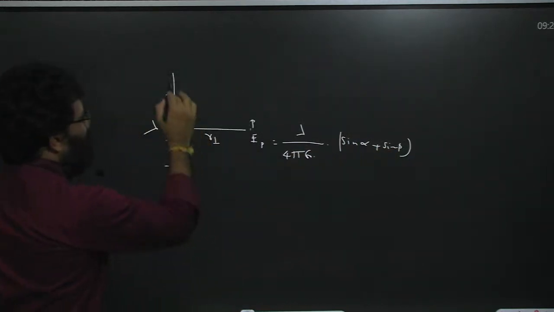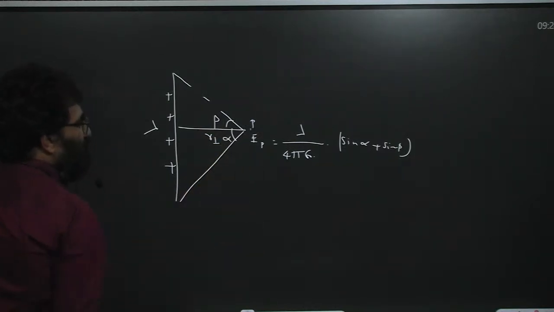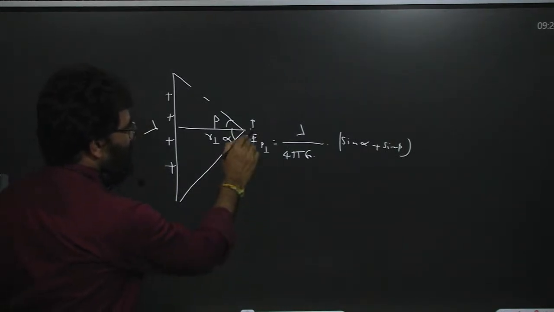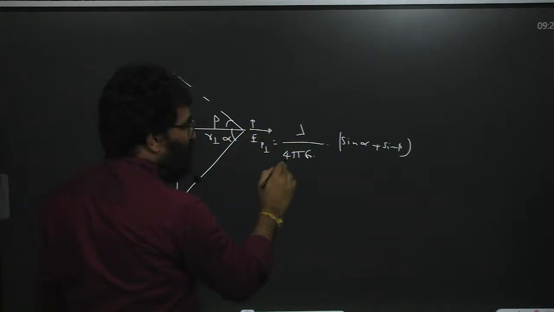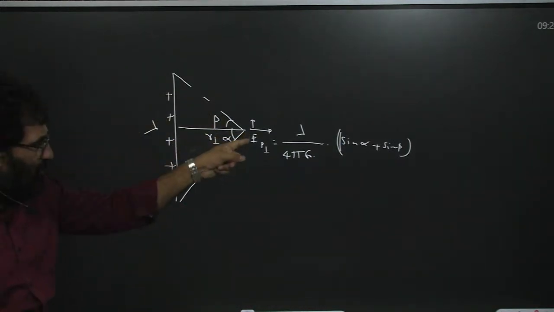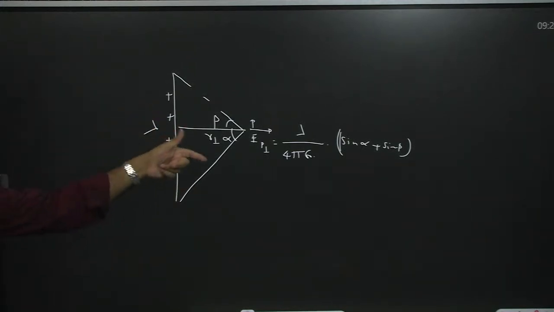Here alpha and beta are the angles shown. So we get the electric field in the perpendicular direction, along this direction, lambda by 4 pi epsilon naught r into sin alpha plus sin beta. This component is perpendicular to the wire.